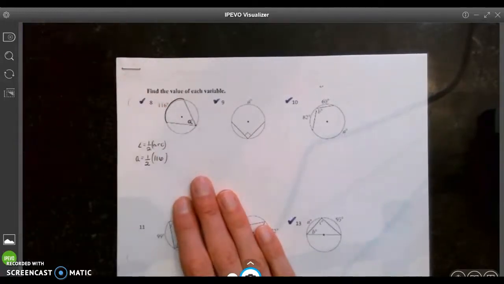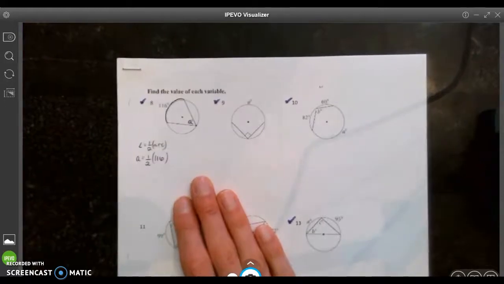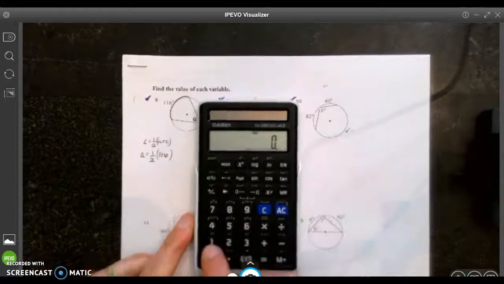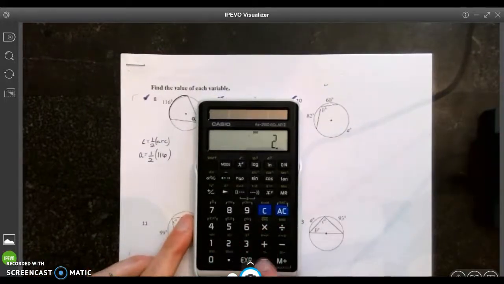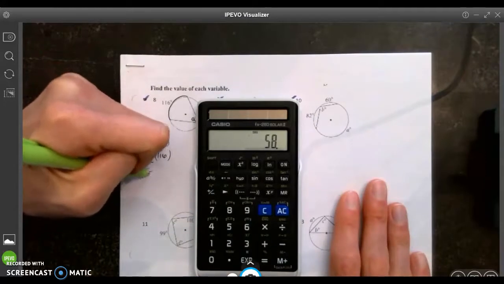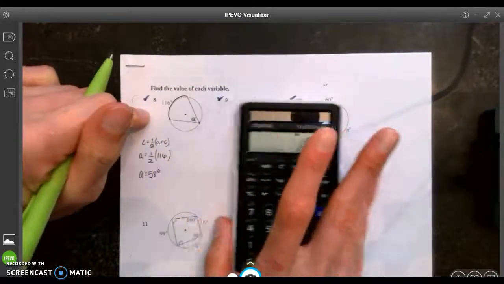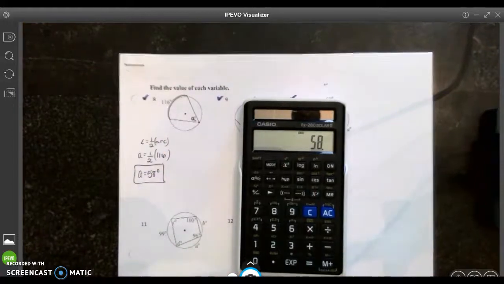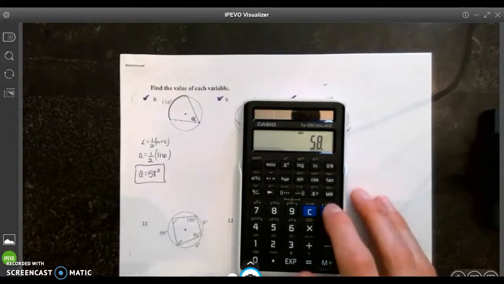So I'm doing 1/2 of 116, or 116 divided by 2, to get 58. So A equals 58 degrees because A was the angle. So that's my answer for that one. Half of 116 or 116 divided by 2.